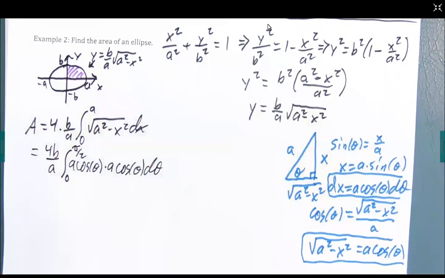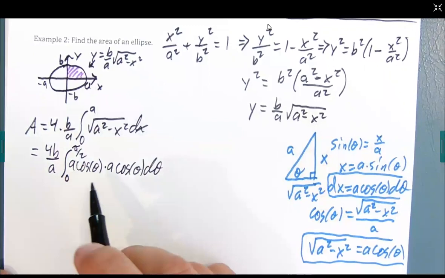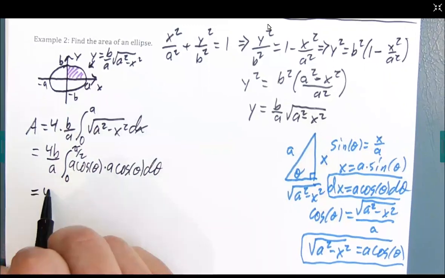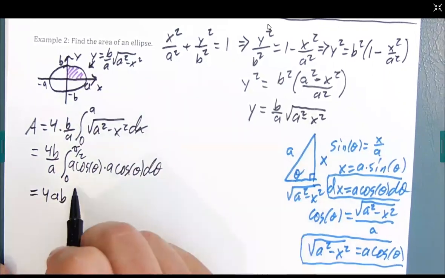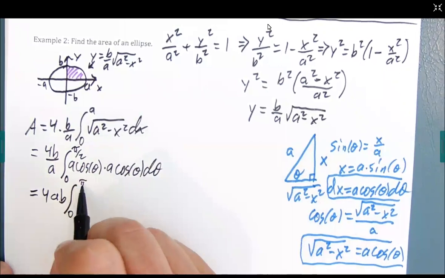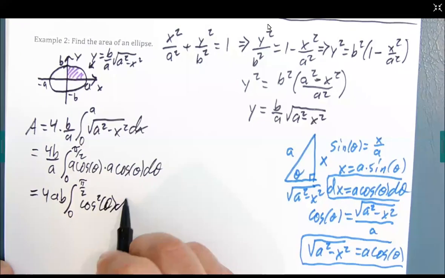And we can see that one of the a's reduces out here. I have another one here. So this is going to become 4ab times the integral from 0 to pi over 2 of cosine squared theta d theta.